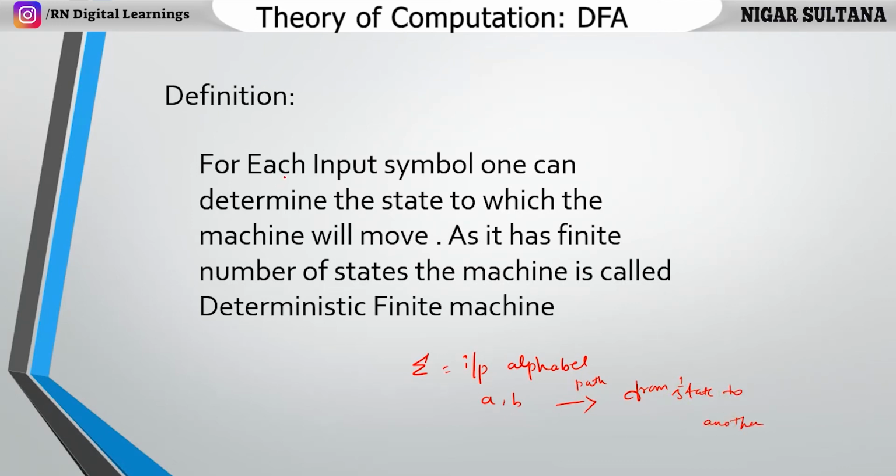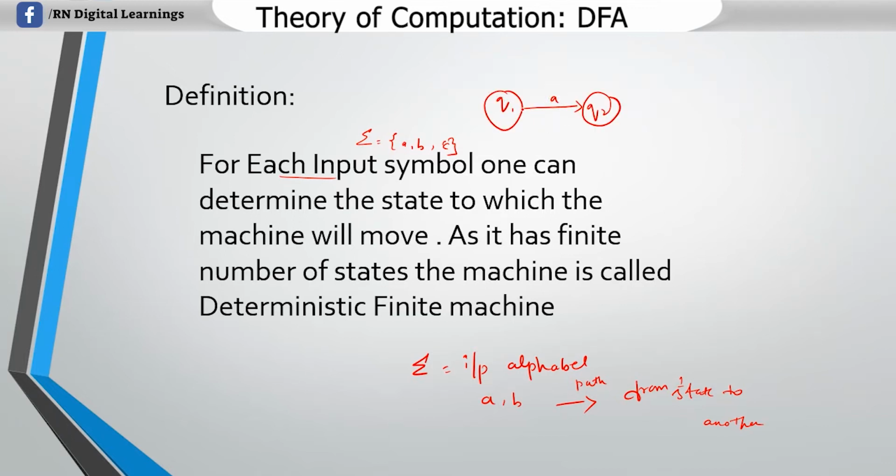For each input symbol, sigma, like we have A, B, C, etc., these are input symbols. For each input symbol, there is a deterministic state. Suppose this is A. For alphabet A, there is a particular state to which the machine will move from one state to another. Suppose I take another alphabet.